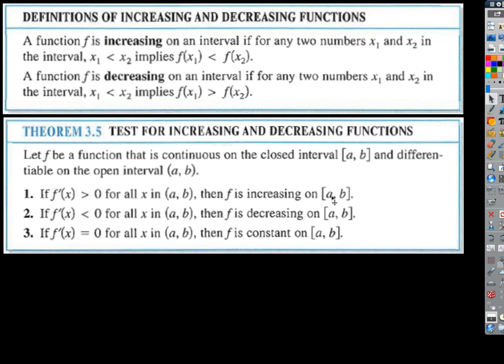So I could stick my pen on the board at x equals a and trace the function all the way up to x equals b, and it would be increasing the whole time, right?